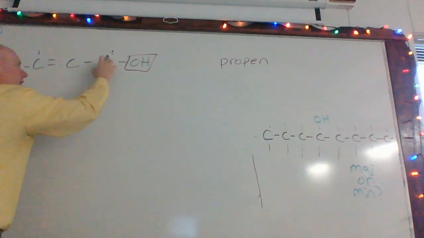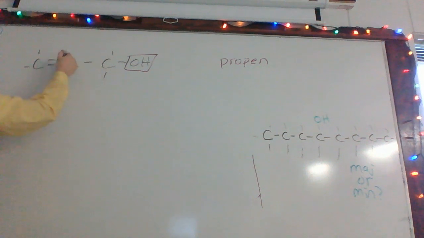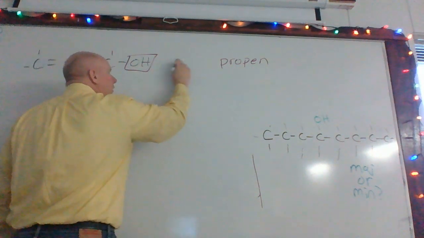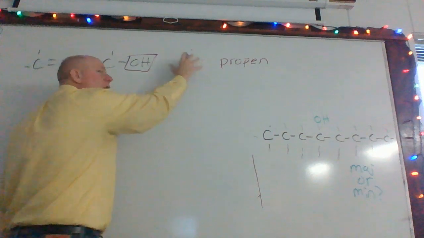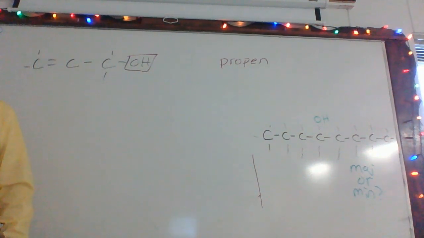So the OH takes priority, and if we're going that way, that double bond occurs after what? The second one, because we can't do something like this, because remember, if nothing occurs after a number, it's either telling you where the double bond is or where the OH is.